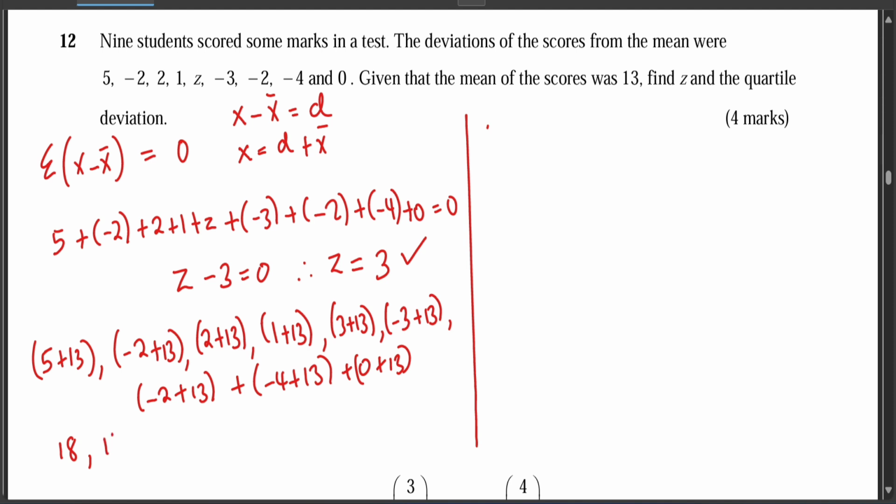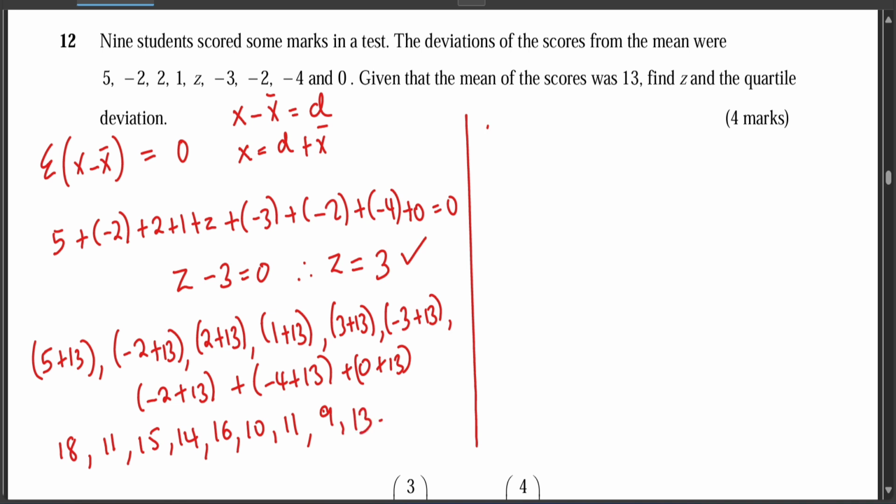The other ones give you 11, 15, 14, 16, 10, then 11, then 13 minus 4, which is 9, then positive 13.